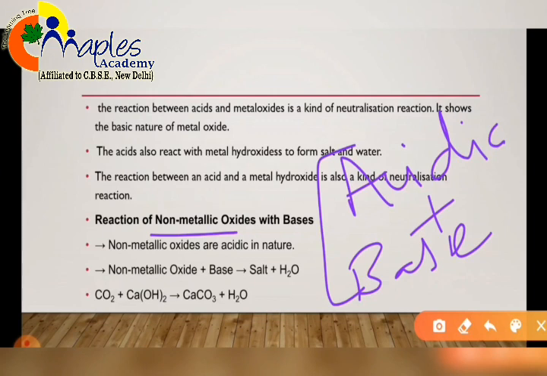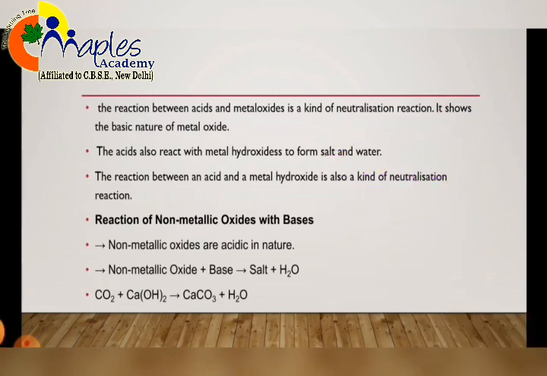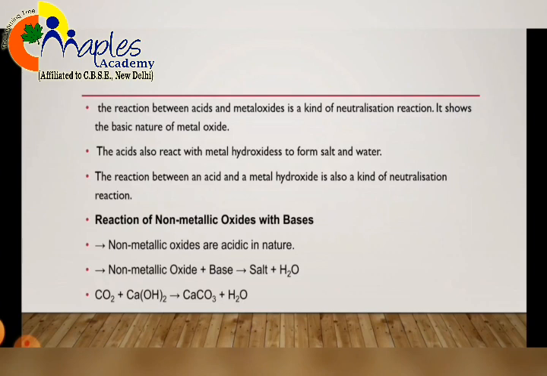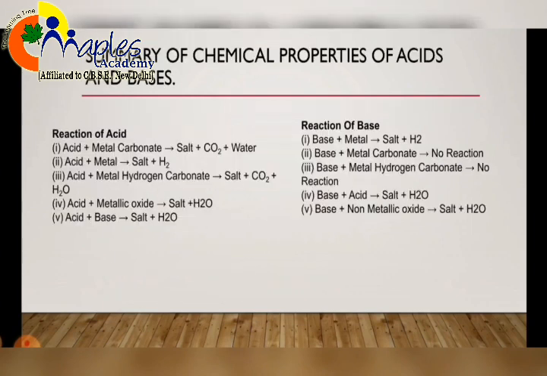For example, the non-metallic oxide of carbon, carbon dioxide, reacts with the base calcium hydroxide to form the salt calcium carbonate plus water. So this is all about the chemical reactions of acids, bases and salts.